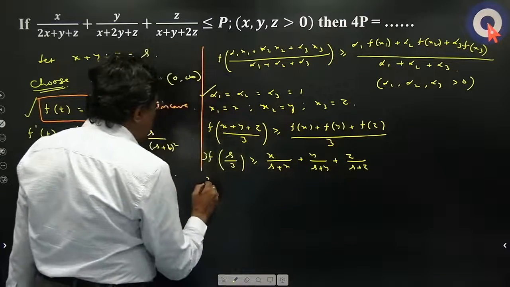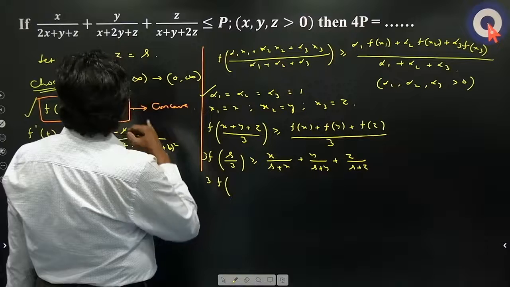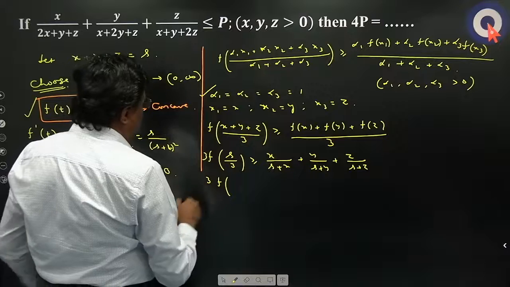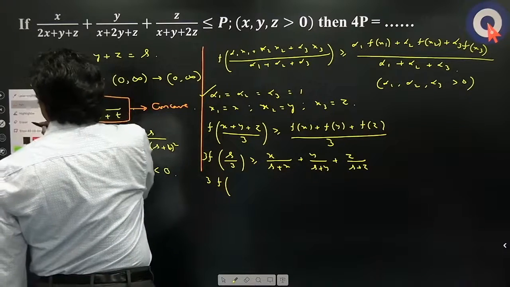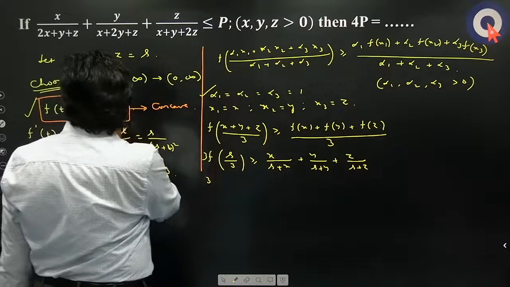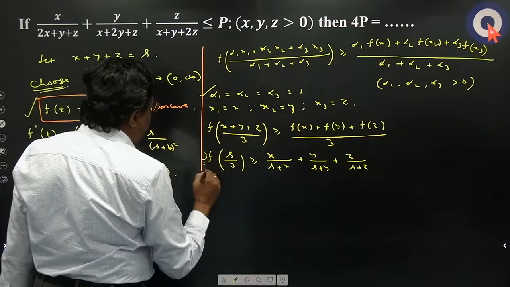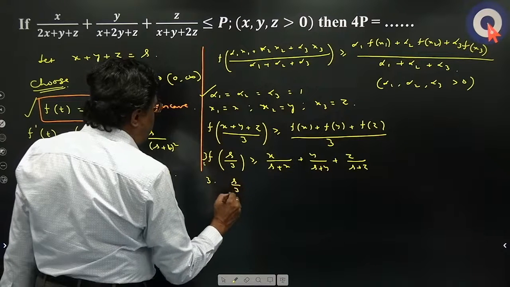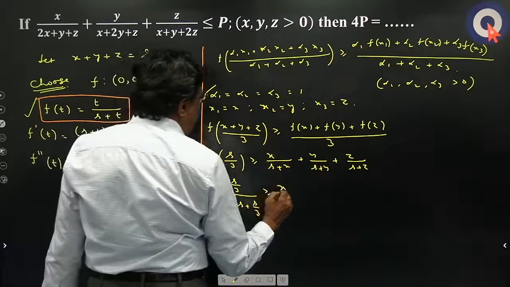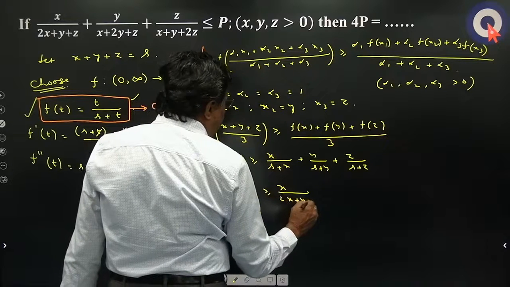So now this is 3 into f of s by 3. If I put s by 3 in place of t, I get s by 3 by s plus s by 3 is greater than or equal to x by s plus x, where s is x plus y plus z. So this becomes 2x plus y plus z.